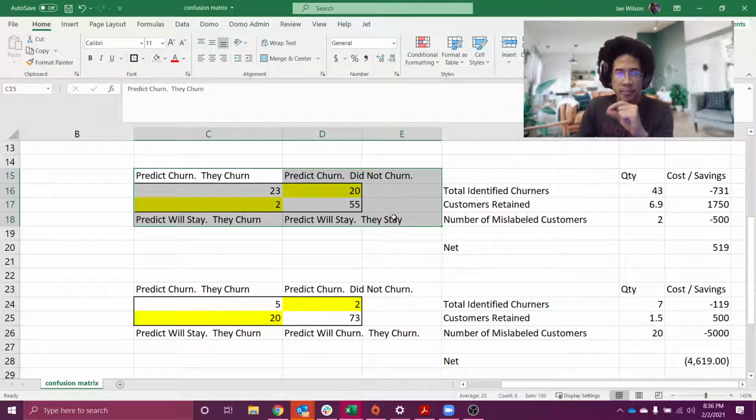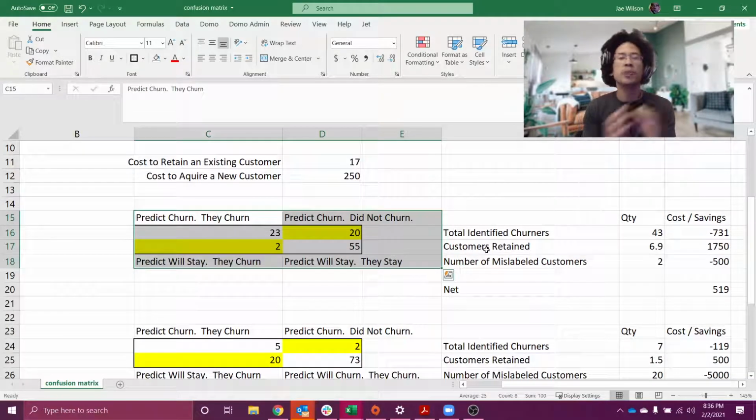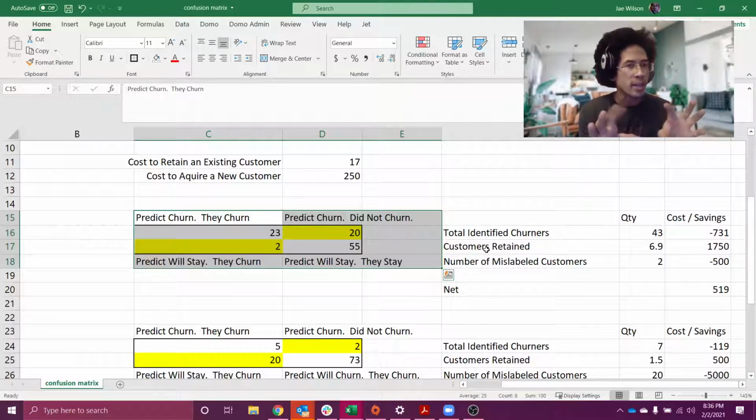So clearly, given the cost of new customer acquisition, Model 1 is better than Model 2.